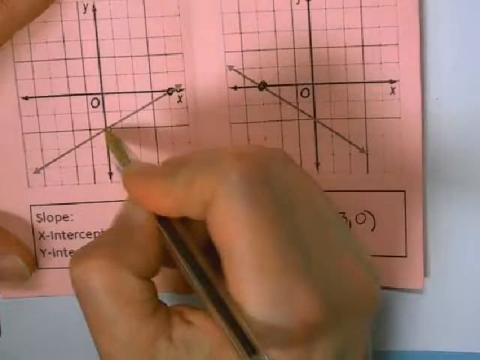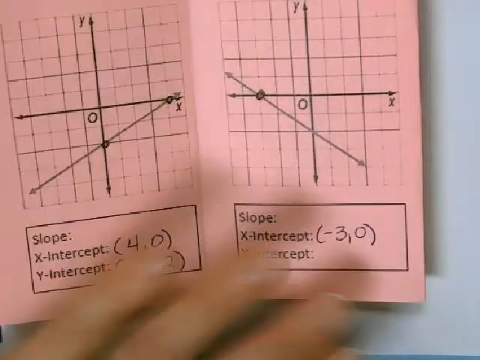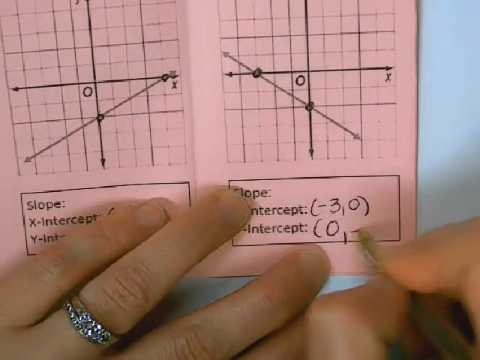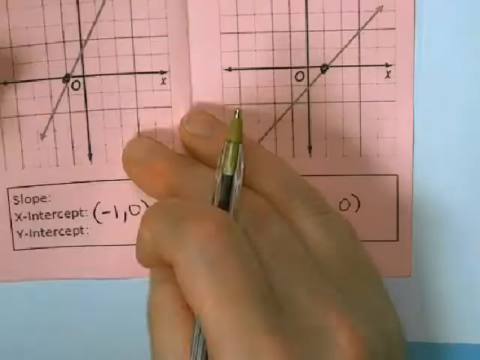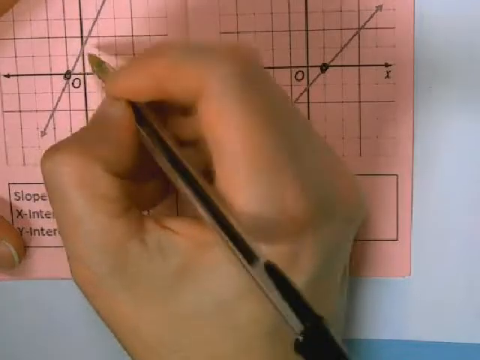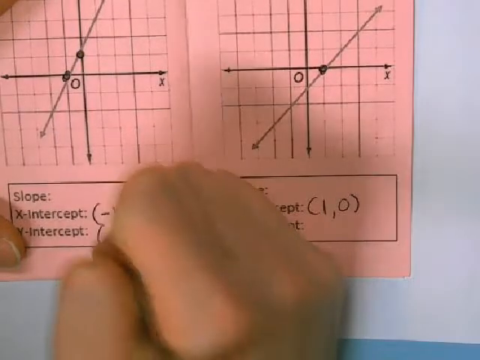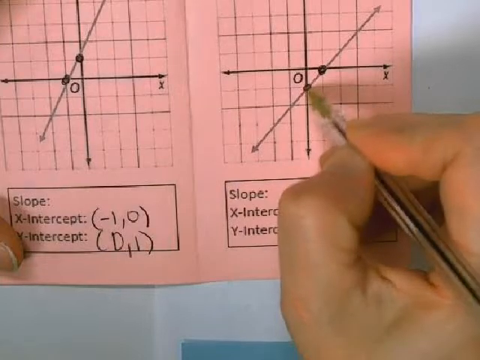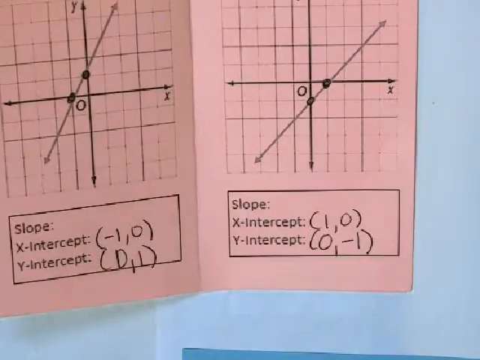This one touches the y-axis at -2, so it's also 0, -2. This one touches the y-axis at -2, so it's also 0, -2. This one touches the y-axis at, well, we'll just say 1. So this is 0, 1. And this one touches the y-axis at -1, so we'll say 0, -1.